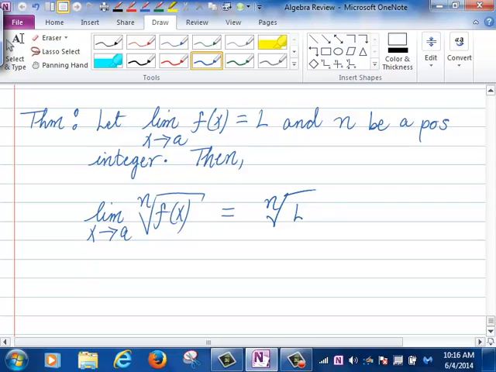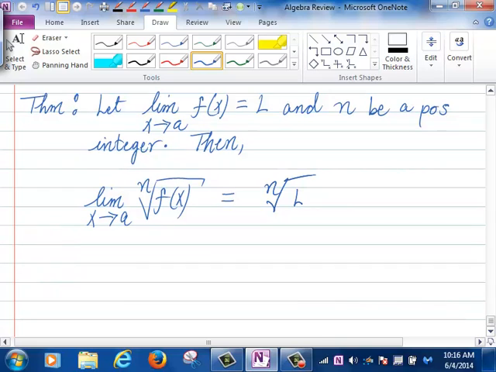So basically we are saying if I want to take the limit of the nth root of f of x, it's the same as you take the limit of f first, and then you take the nth root of the limit of f, okay? However, there is one point here that you need to remember: if n is even, then L better be what? In order for this to work, if n is even, then L better be a non-negative limit, right?